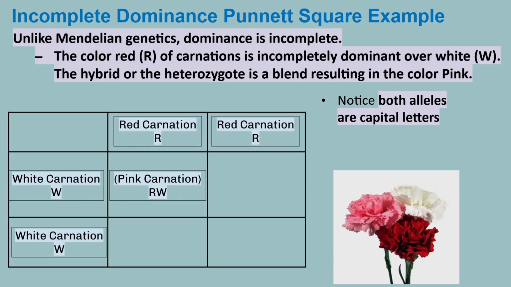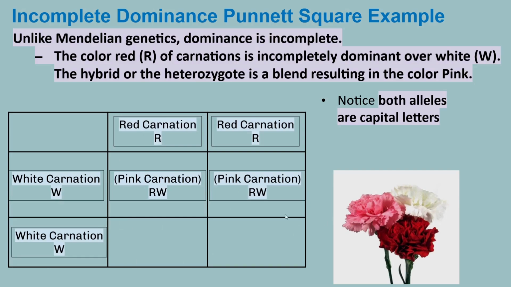Since R and W are the heterozygote, and neither is dominant over the other, this would result in a pink carnation. We're going to do the same for the rest of the boxes. R and W for this one. Again, you will get a pink carnation since you have two alleles and they are incompletely dominant alleles.